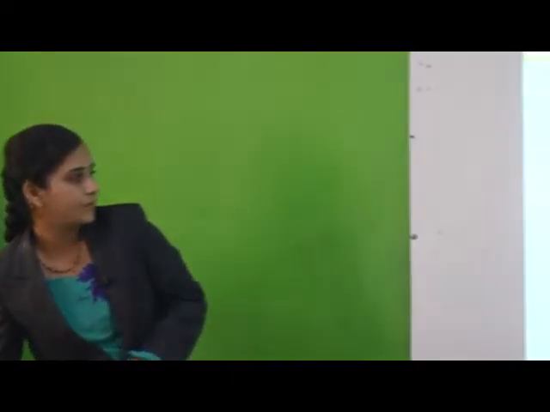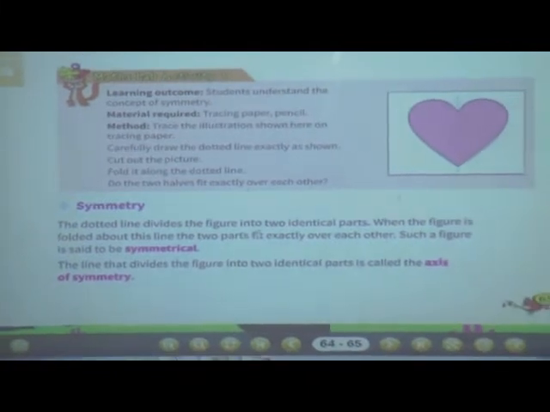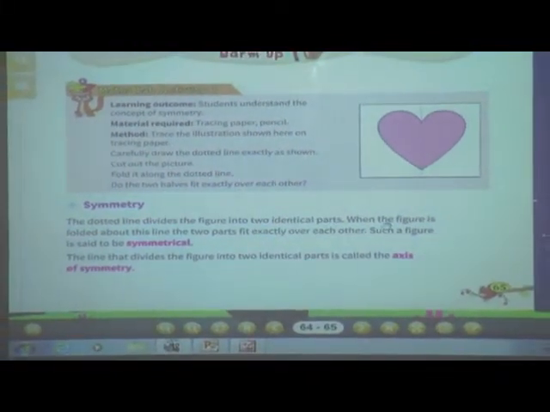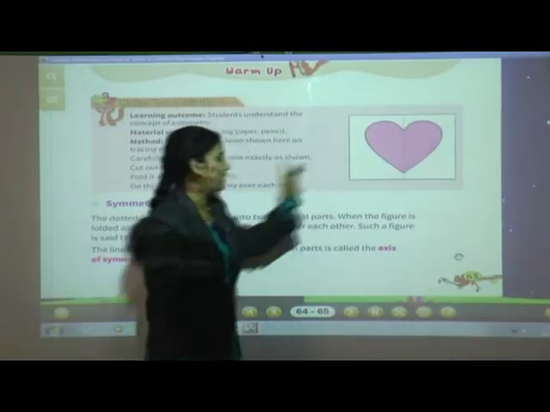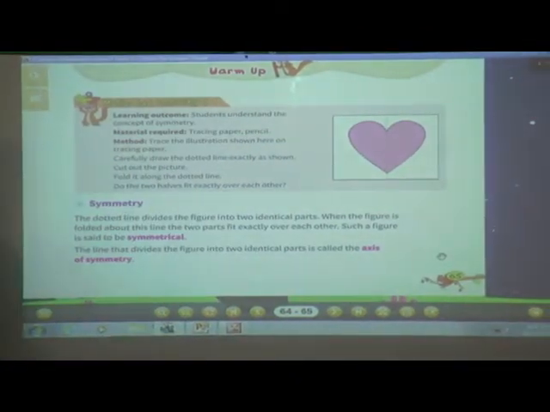See here, that means the line which divides the shape into two equal parts, that line is called the axis of symmetry. Now see here in your textbook, the dotted line divides the figure into two identical parts. See, this dotted line divides the figure into two equal parts.